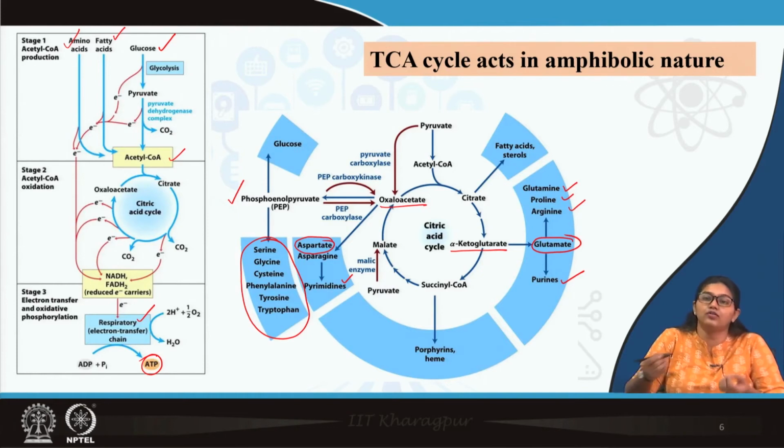Also this heme molecule is present in cytochrome molecules. So, succinyl coenzyme A also acts as a precursor for the porphyrin ring. So, these are the important roles of the TCA cycle in anabolism, synthesizing different precursor molecules. This is the reason why the TCA cycle is known as an amphibolic pathway.